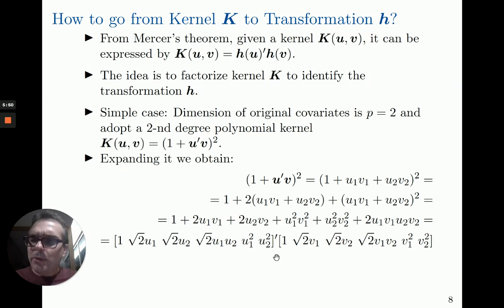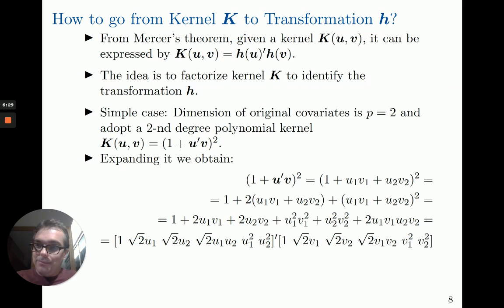While we are talking about that, let's go back to the sieves and the polynomial sieve that we saw in our first block. Recall that I mentioned that when we have p larger than 1, it starts to get complicated because you have all the cross terms and you have to specify all of them, and then your model starts getting a mess. Or when you have trigonometric functions combined with splines, you have to construct tensor products, so how do you handle large dimensions?